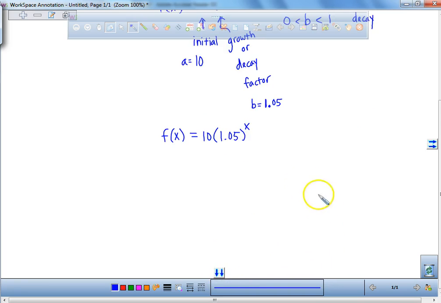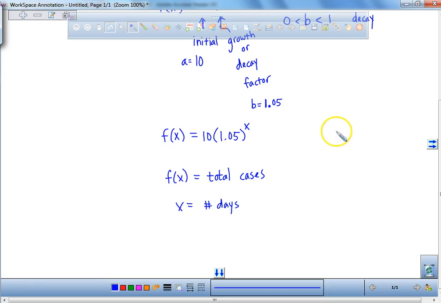All right? And so let's say f of x, in your journal right now, f of x equals the total cases. Okay, the total cases. And let's say x equals the number of days. Okay, the number of days.